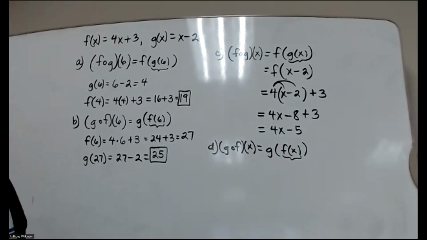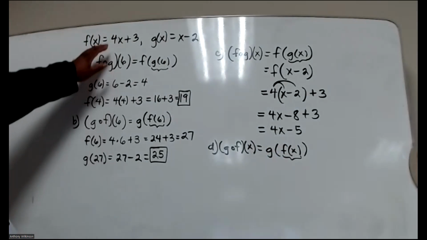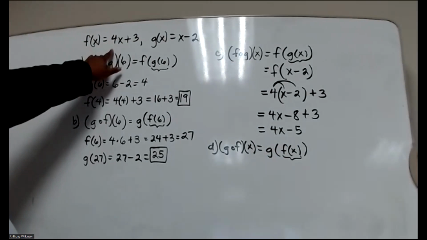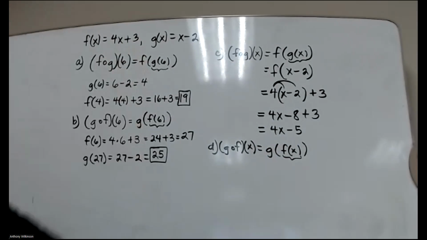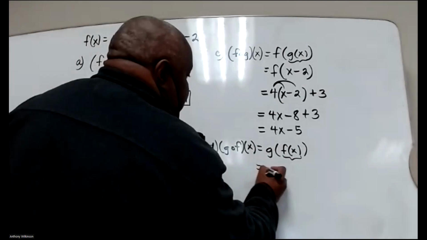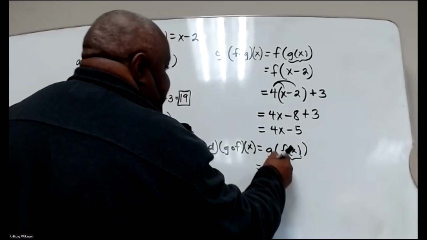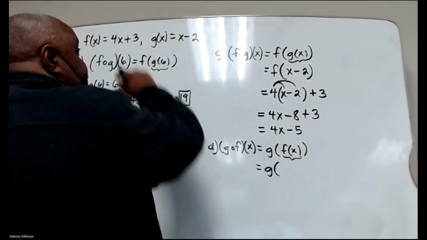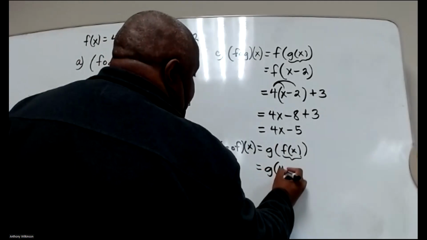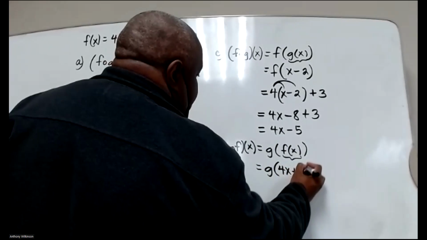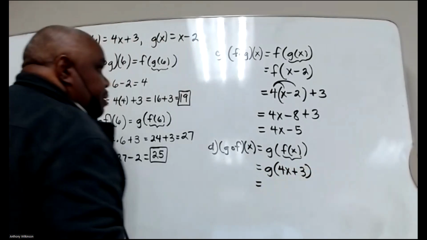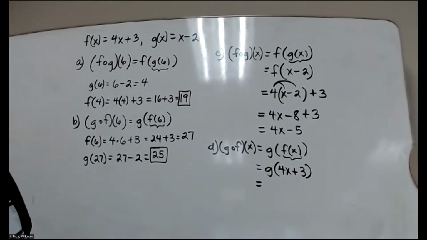Since the inside function is f of x, I can substitute that with what f(x) is equal to, which in this case is 4x + 3. So I'm going to bring down the g and substitute f(x) with 4x + 3.